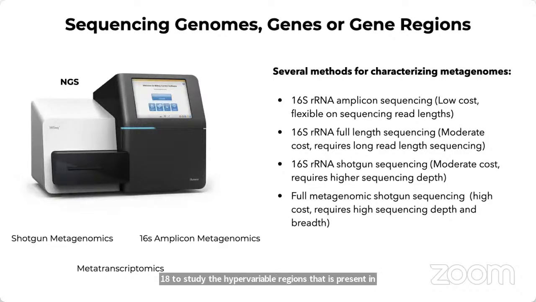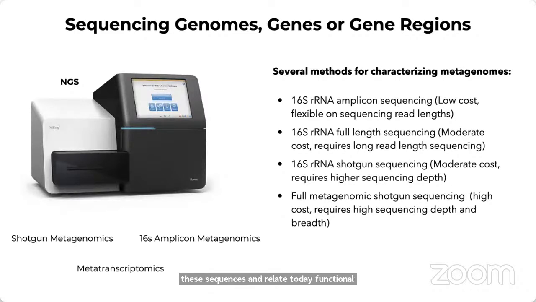So when you perform these sequencing methods to sequence the whole genome or transcriptome, you have the flexibility to analyze these sequences and relate them to the functional characterization of the microbes.